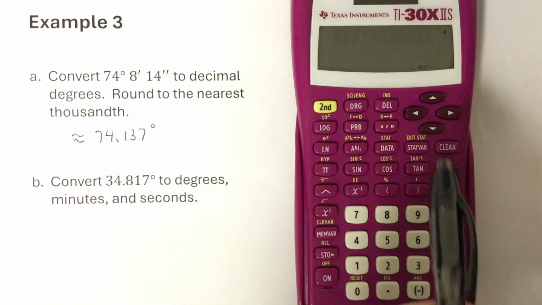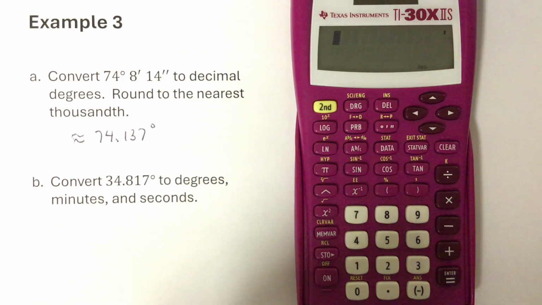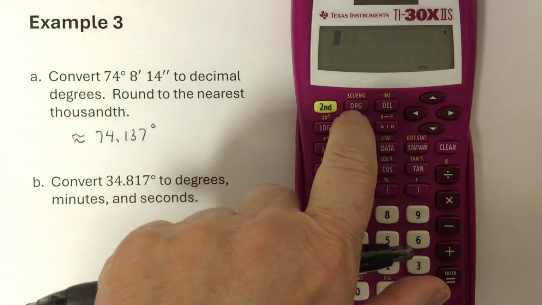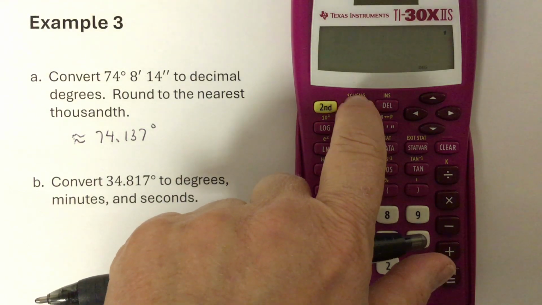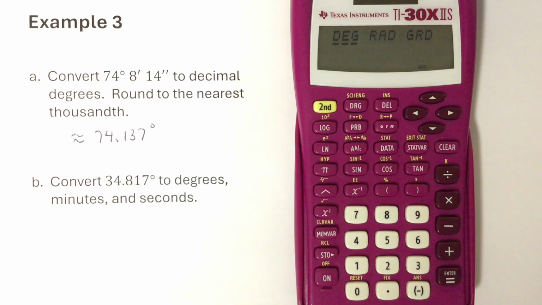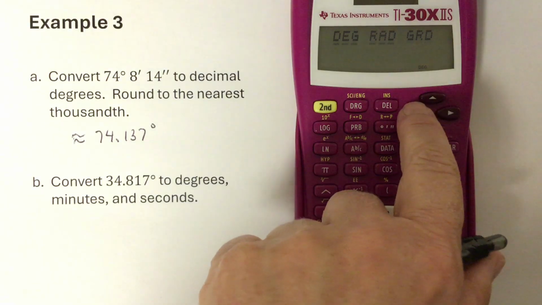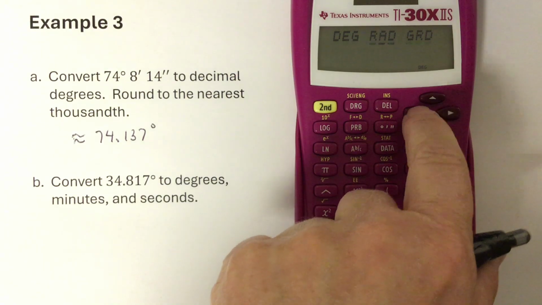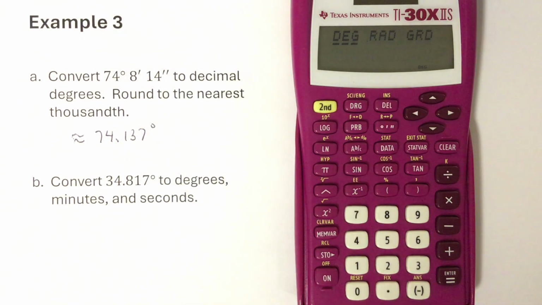Now, if you do not have the DEG indicator, you'll want to hit this button right here that says DRG, and that will let you change between degrees, radians, and gradians. And so you want to make sure that DEG is underlined so that you're in degree mode. And if it's not underlined, just use your left and right arrows to get the DEG underlined, and then press equal, and you should have that DEG indicator.